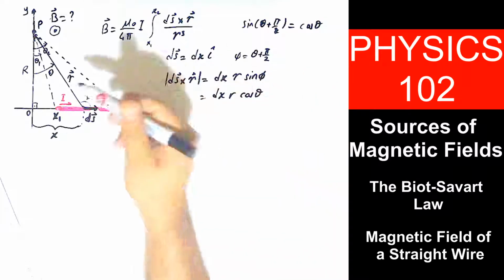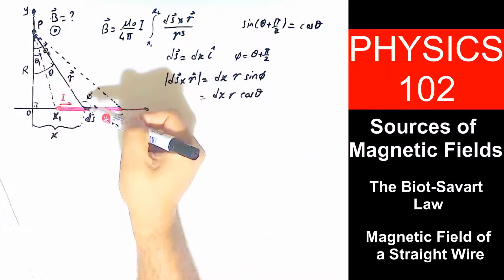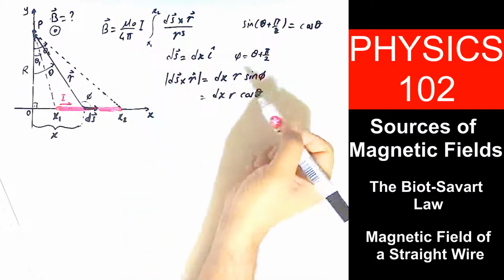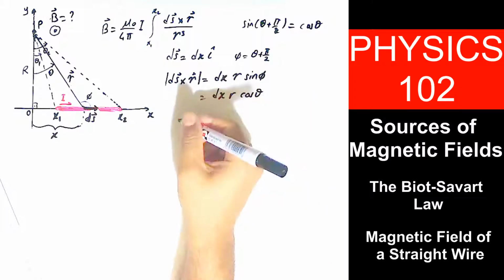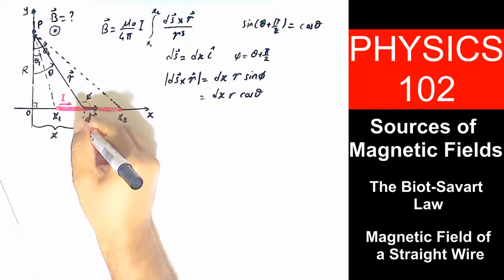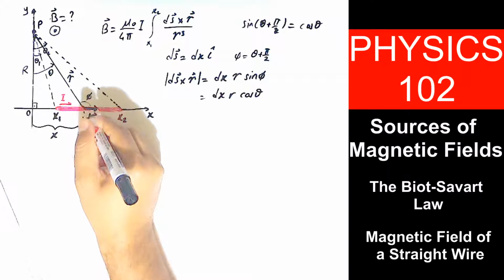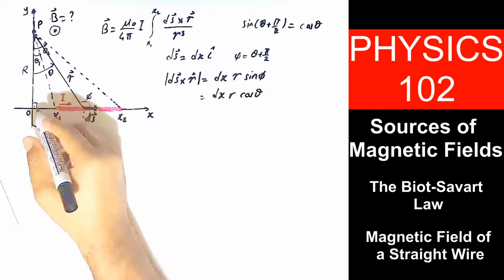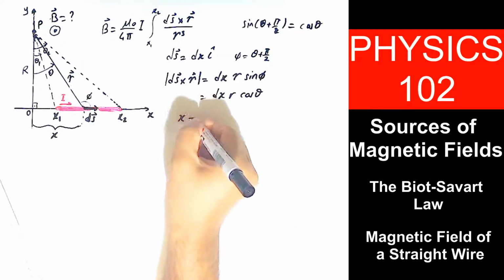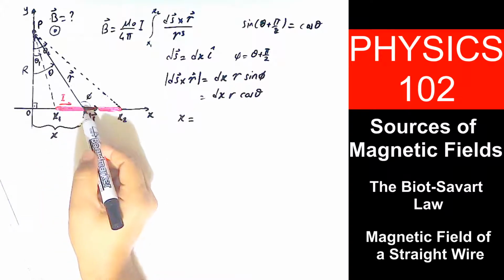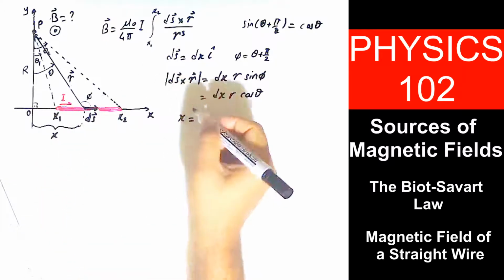If you look at the geometry of the problem carefully, you will figure out that there is a relation between x, r, and theta.